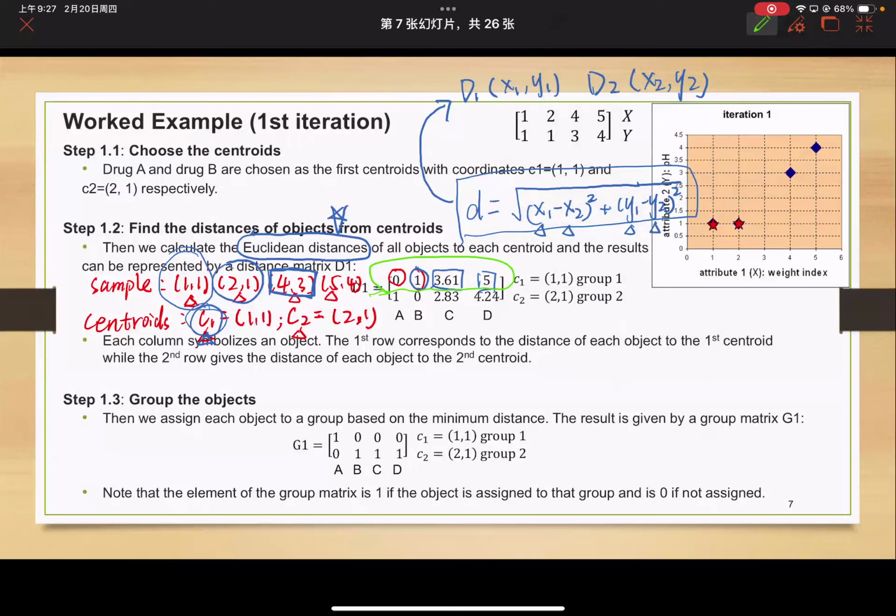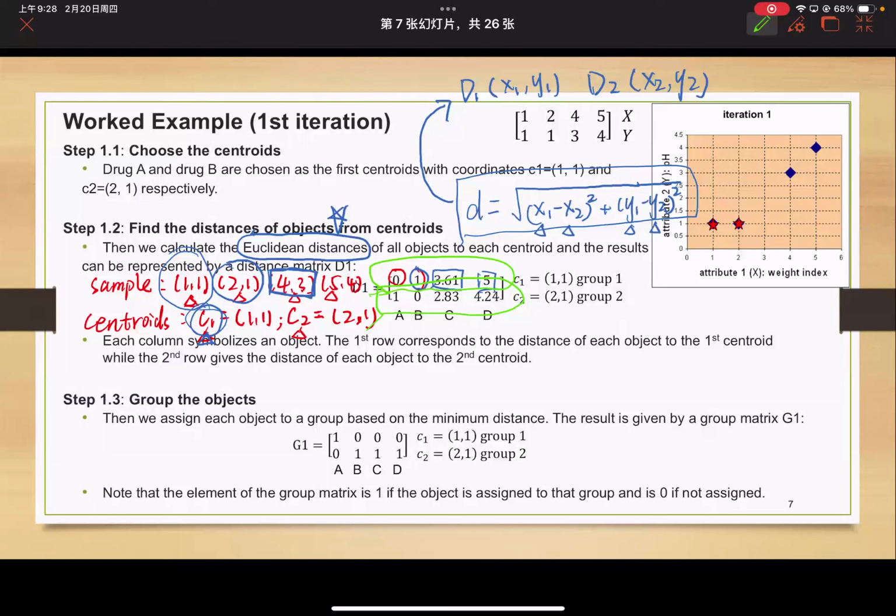And then the second row here represents the distances we calculated for C2, okay? And then according to these distances, we can group the objects, or we group the data points.